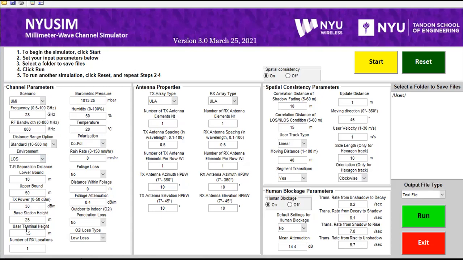The user terminal height: with the phone, you may be a pedestrian, and then your phone will be at a certain height when you are talking. That depends on your own height. If you're very tall, then I think they have considered 1.5, which is, well, okay, we keep it like that.